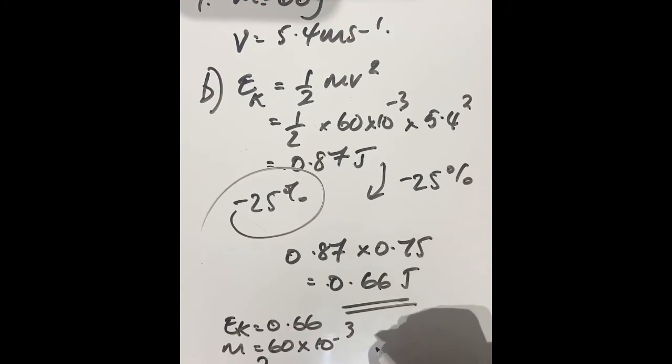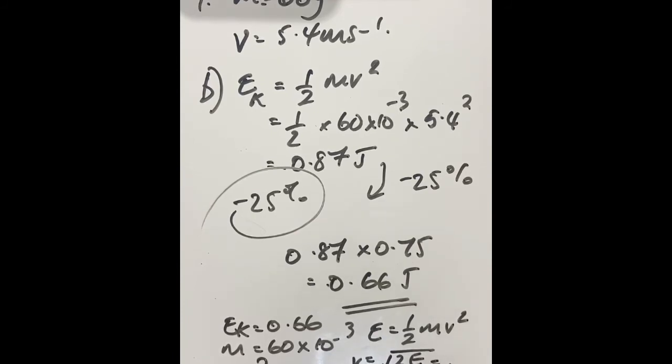So we have E equals a half mv squared. v equals the square root of 2E over m.